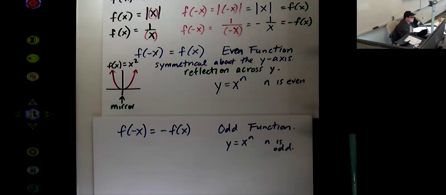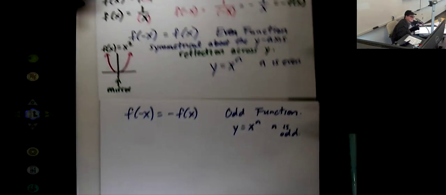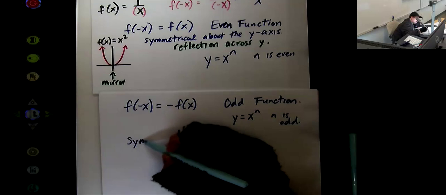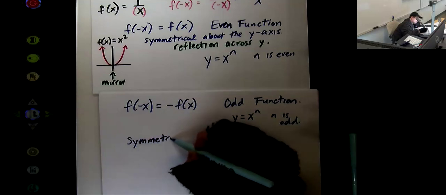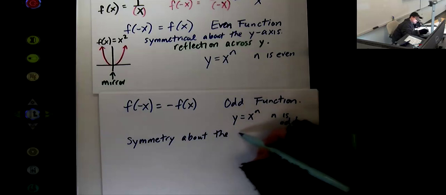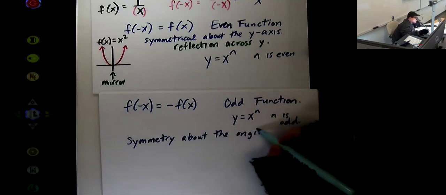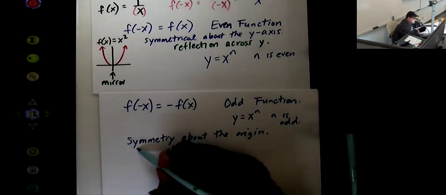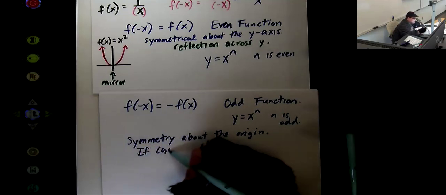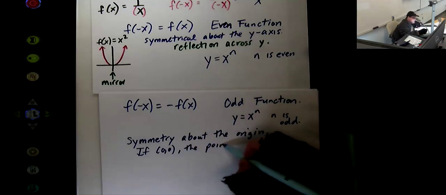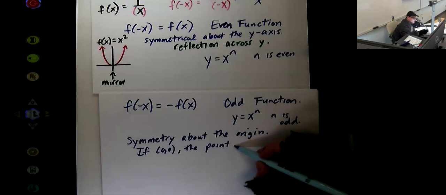It's called symmetry about the origin. And it's really hard to visualize. It's like if 0, 0, just the single point, was a mirror.